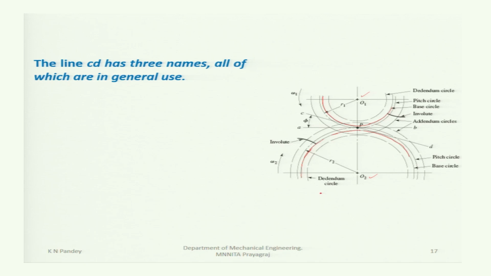These two circles are called base circles, from where the involute tooth profile will be generated.